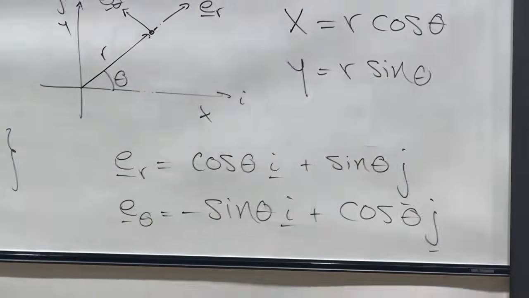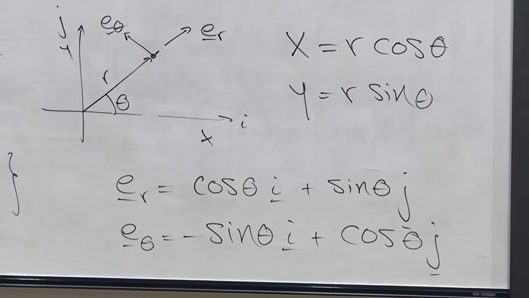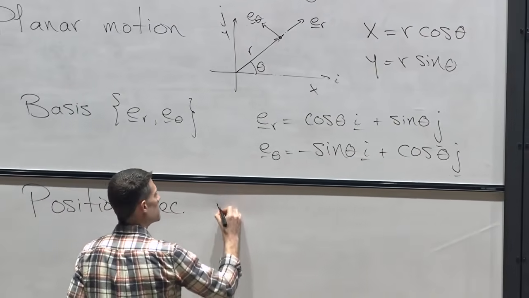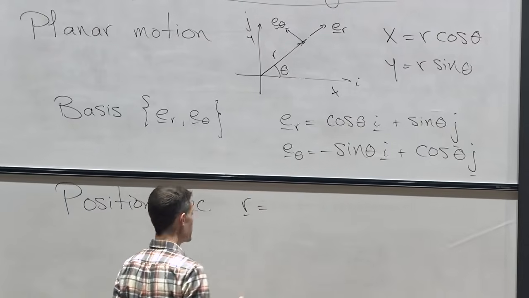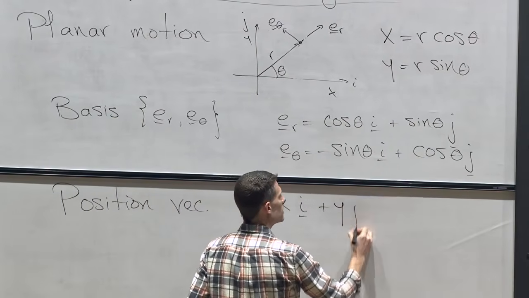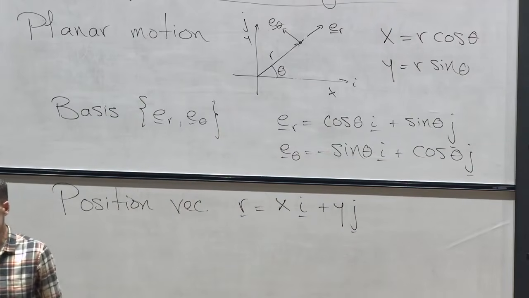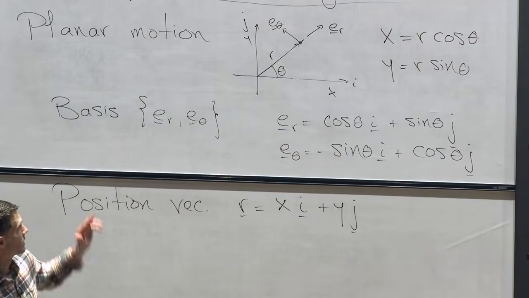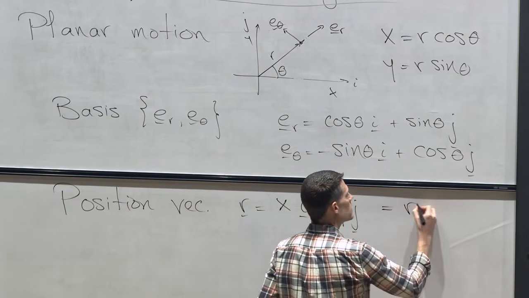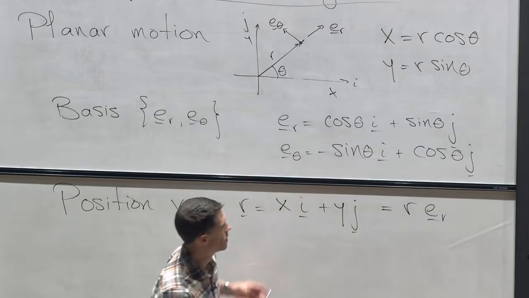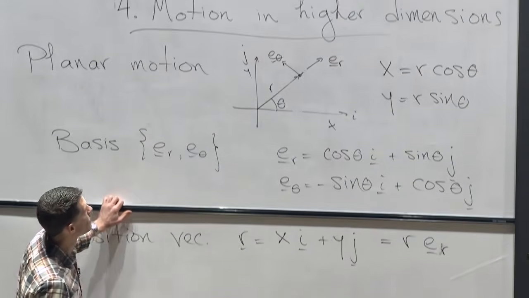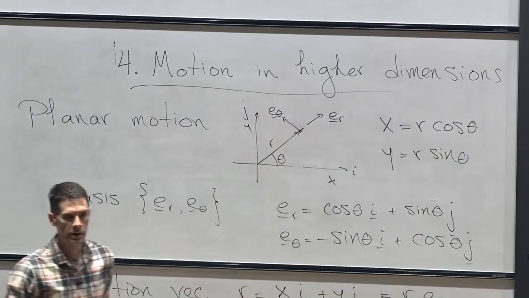So if I have a position vector r as x i plus y j, in this polar representation that same vector is just the scalar r times e_r. In other words, I move in the radial direction by the radius.